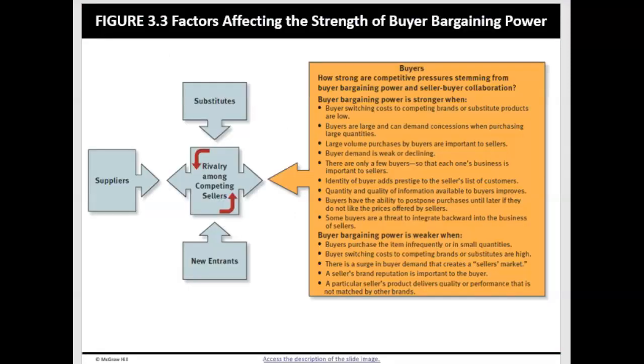Now, Figure 3.3 here from the book summarizes the factors that determine the strength of the buyer power in an industry. Note that the first 5 factors are the mirror image of those that determine the bargaining power of the suppliers. So there's a relationship there between these 5 factors of the buyer's bargaining power and of the suppliers. I think that's very interesting.